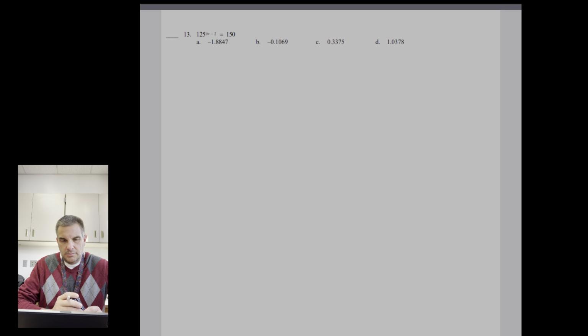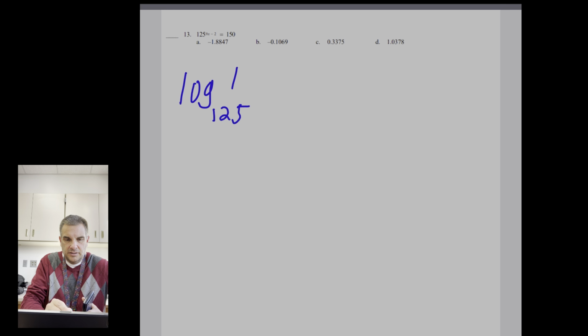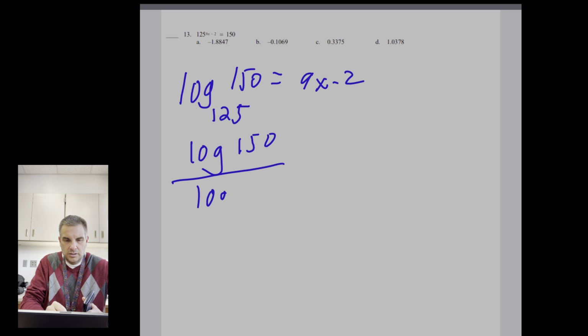13. Exponential form, write it as a logarithm. Log base 125 of 150 equals 9x minus 2. So we've got the log of 150 over the log of 125 equals 9x minus 2.